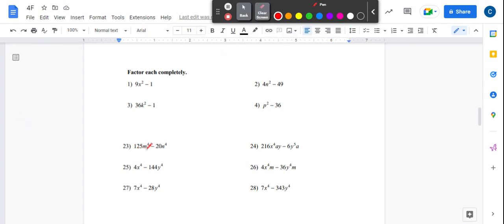So 23, we have 125 m to the fourth minus 20 n to the fourth. Looking at this at face value, we're saying, well, wait a minute. 125 is not a square number. 20 is not a square number.